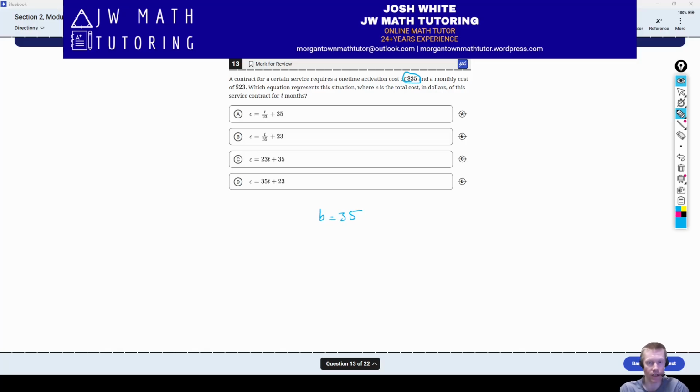Essentially, your starting amount that you owe even before any months of the service have been used. At 0 months, you pay $35. And then the monthly cost, that's your slope. That's how much the cost changes per 1 month of service. That's the $23. So this is just going to be y equals 23t plus 35. Correct answer is going to be letter C.